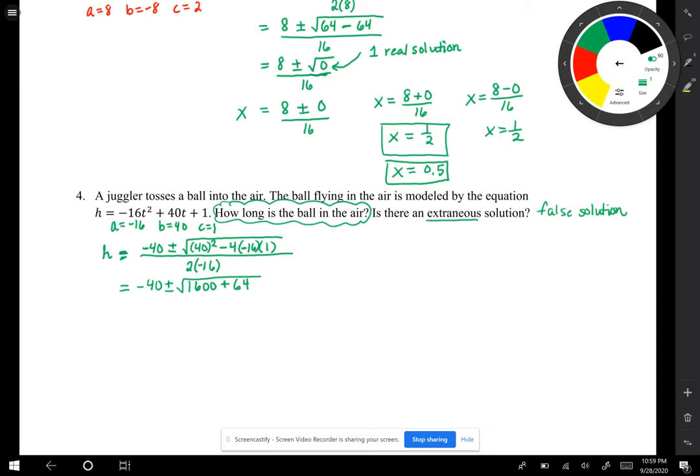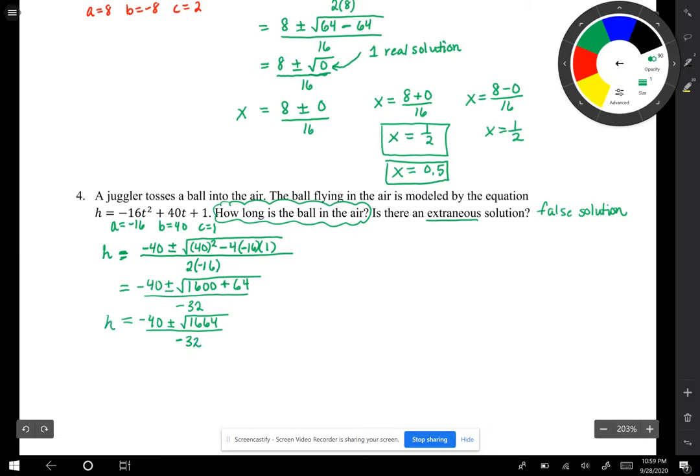If all three numbers had been negative, it would have been negative. All over negative 32. Okay, so this is negative 40 plus or minus the square root of 1,664, all over negative 32.